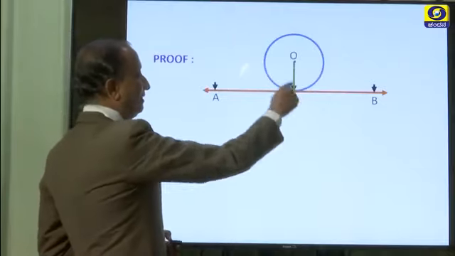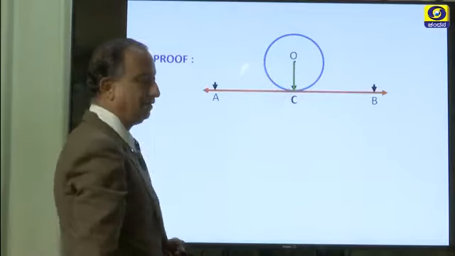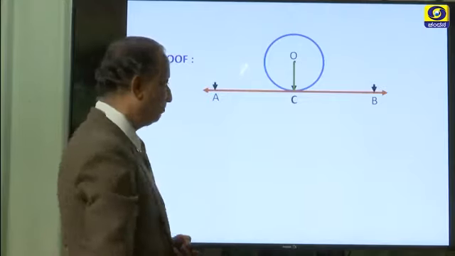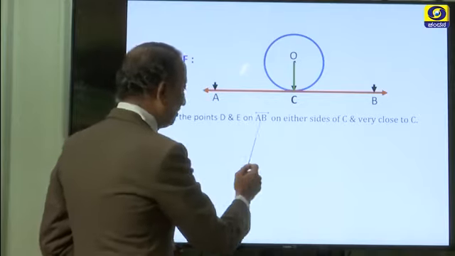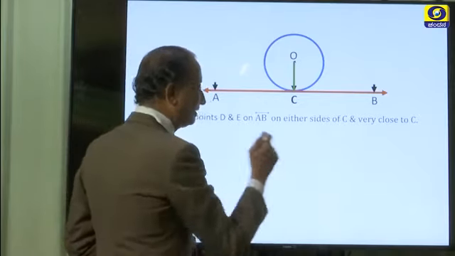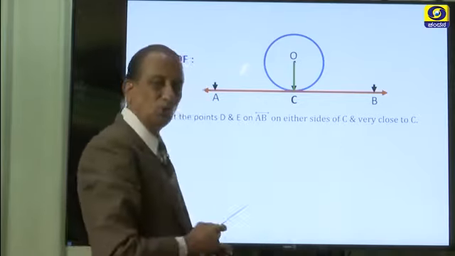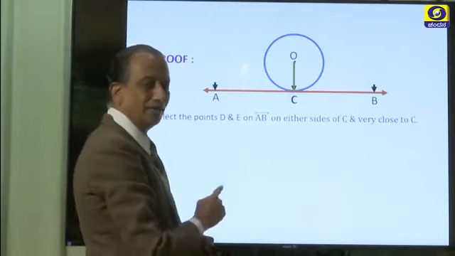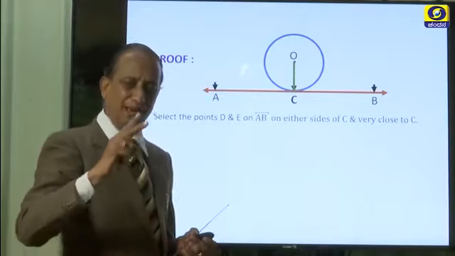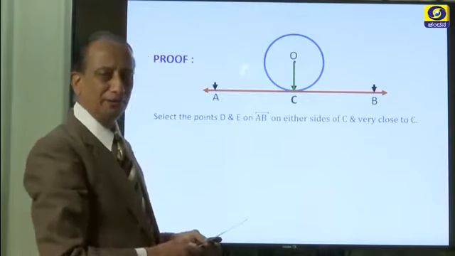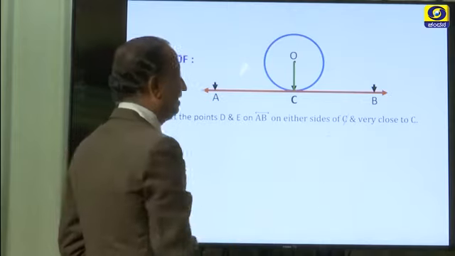Okay, here is a tangent, here is the radius, this is the point of contact. Now look at the arguments. Select the points D and E on the straight line AB on either side of C and very close to C. So here is the point C, on either side, left and right, you choose, just for sample's sake, two arbitrary points on the straight line AB.